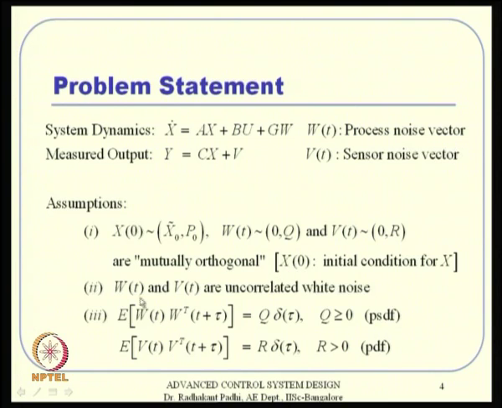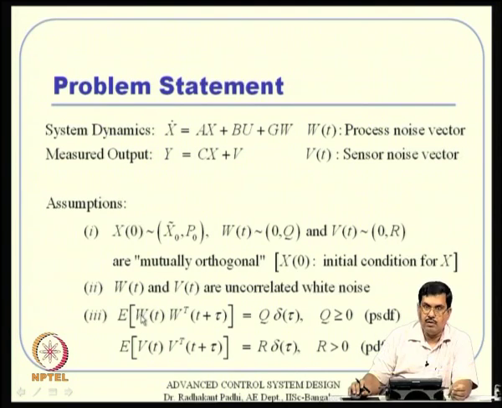That means, if I take any other time, t and t plus tau, where tau is a non-zero quantity, then I should get 0. If I multiply the same process noise at the same point in time, I will get Q, but at any other time I will get 0. So, these are what are called white noise, and they are assumed to be 0 mean. w and v are assumed to be 0 mean.